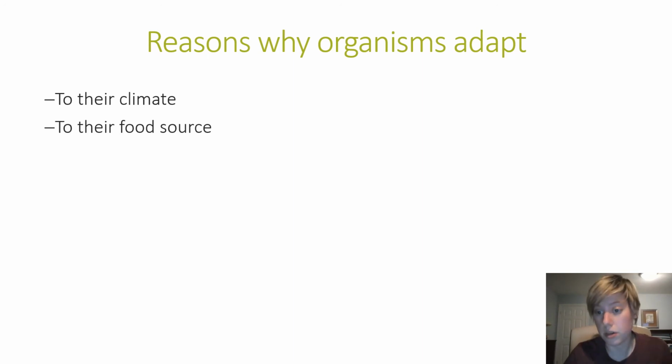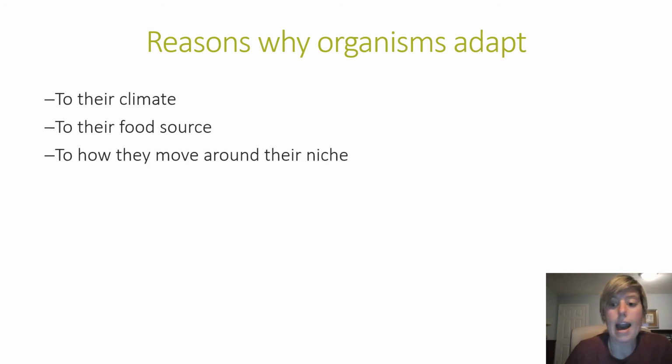To their food source. If I am an organism that eats meat, I am going to have sharper teeth to get through the flesh. If I am an organism that eats seeds, I am going to have flat grinding teeth to be able to grind those food sources. How they move.